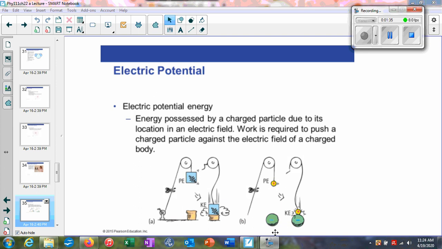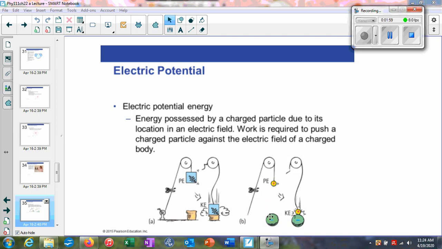It's got an electric field that's associated with it. I know that this positively charged little charge here wants to move close to that negatively charged object. That's the direction of this electric field. That's the direction this positively charged particle would move, toward the charged body, right?